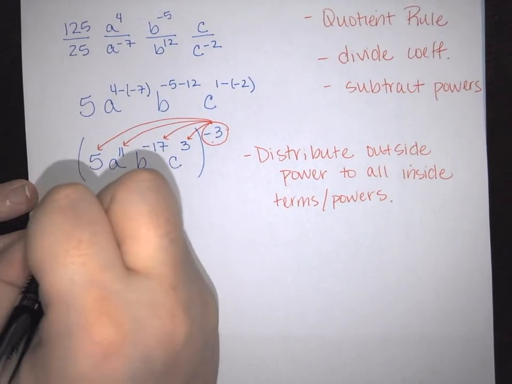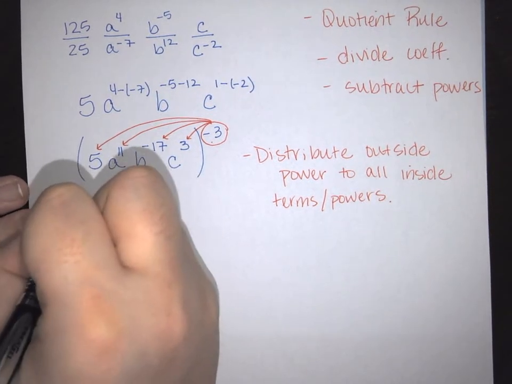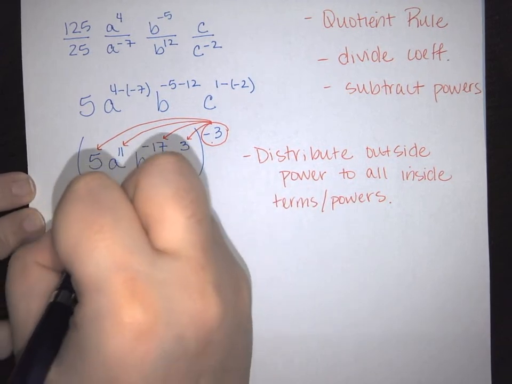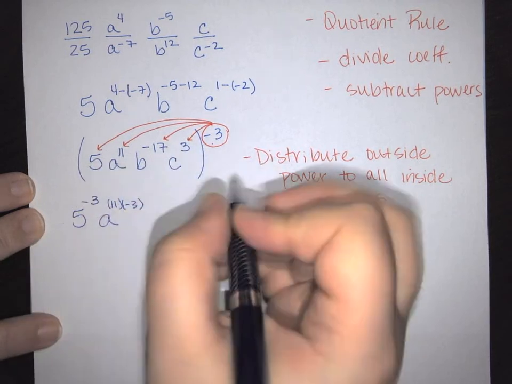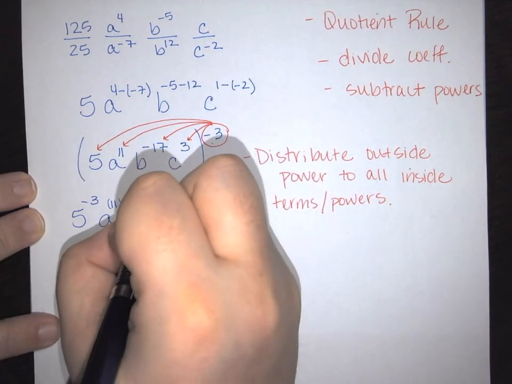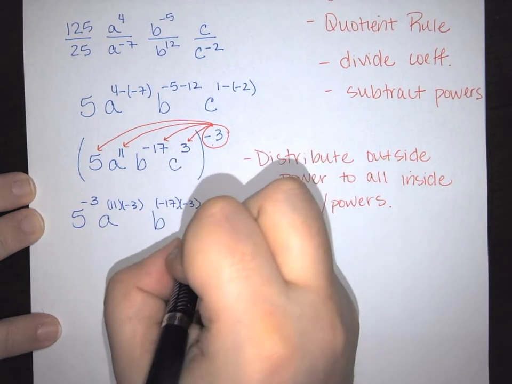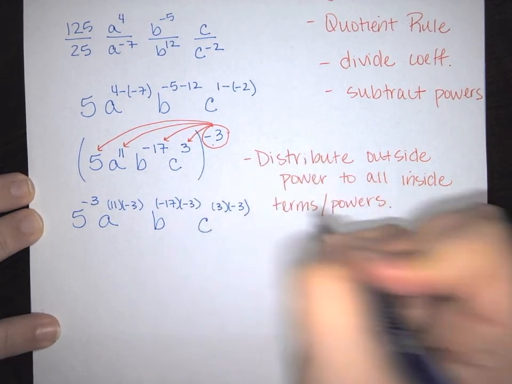So here, this is going to end up being 5 to the negative 3rd, and then we're going to have a to the 11 times negative 3, b to the negative 17 times negative 3, c to the 3 times negative 3.